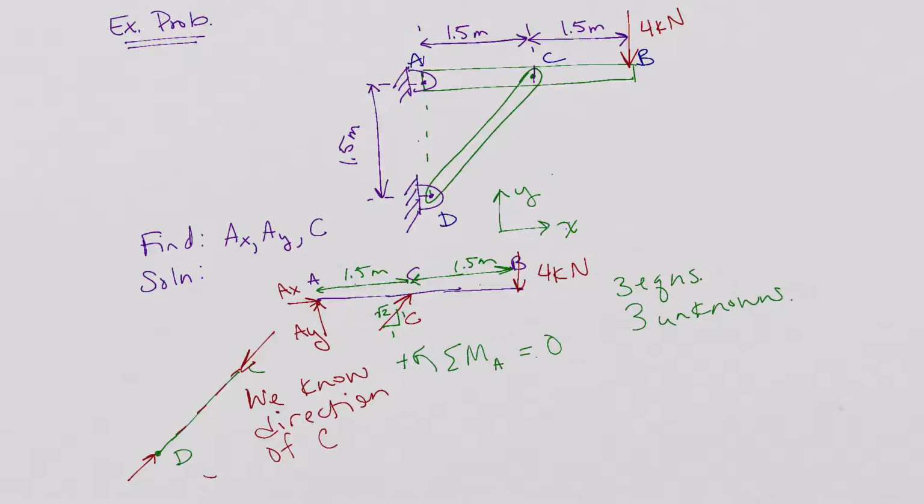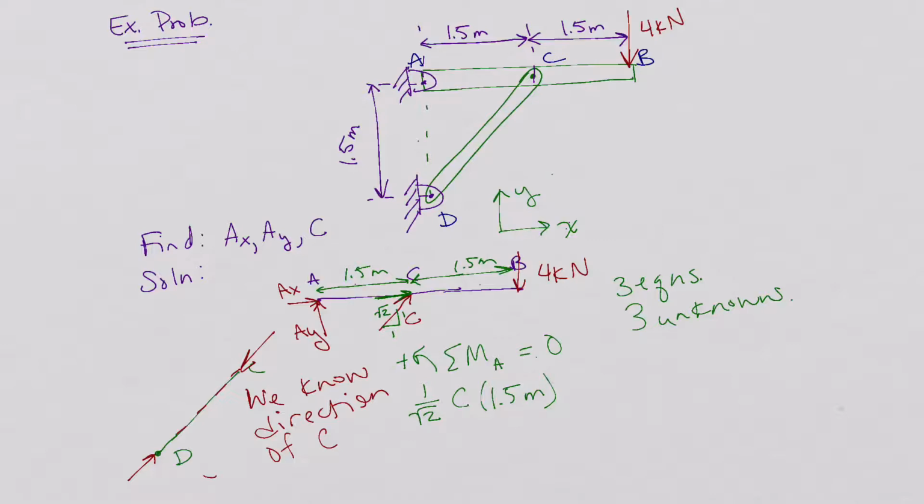So about A, we have C that's going to hit it. So 1 over root 2, just the Y component of that C, times that 1.5 meters. The X component of C is just along here, so it doesn't have any perpendicular distance to that line of action, so that's just 0.